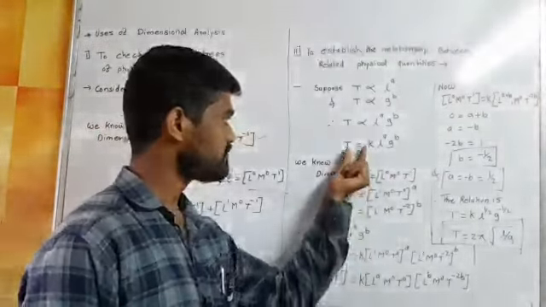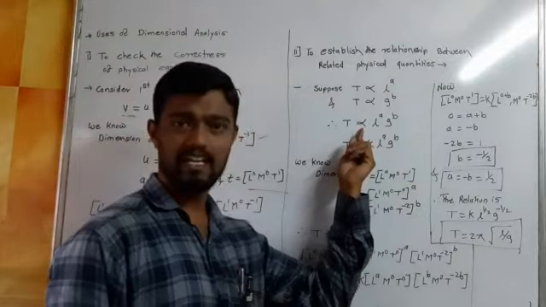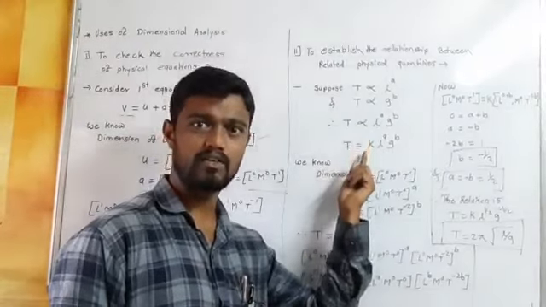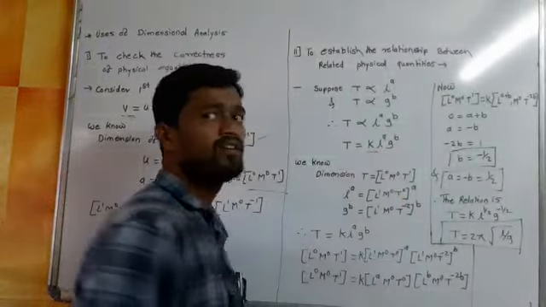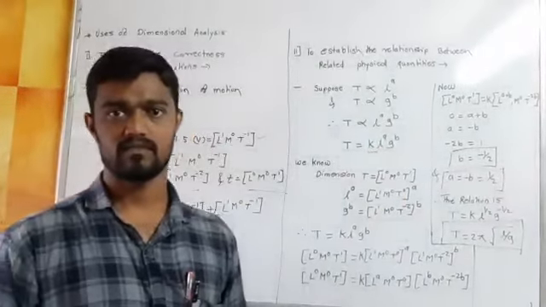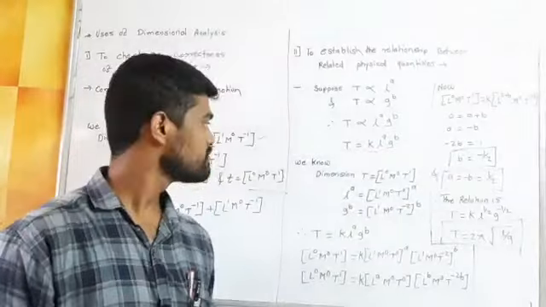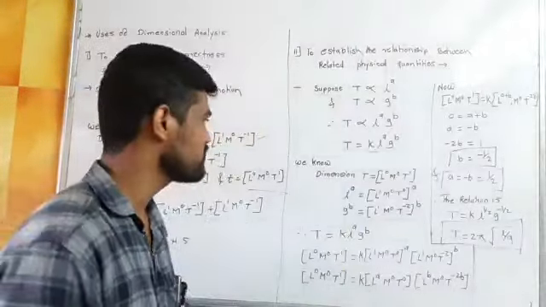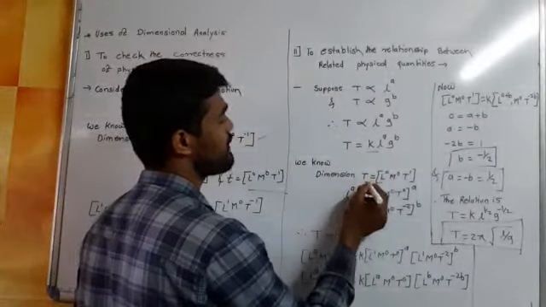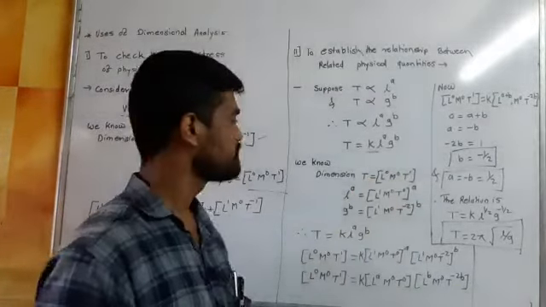So when this directly proportional sign is converted to an equal sign, K is defined as your constant. Now we know the dimensions. Just put the values of the dimensions. T is defined as time, so T1 is present.